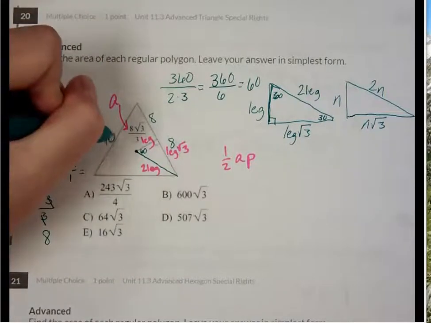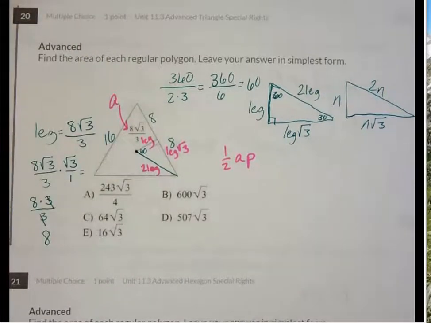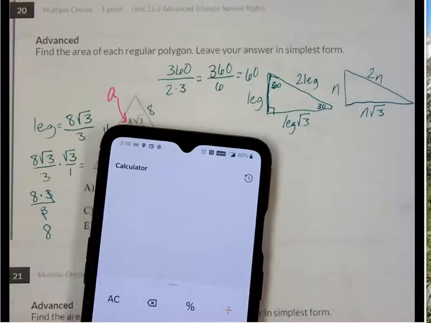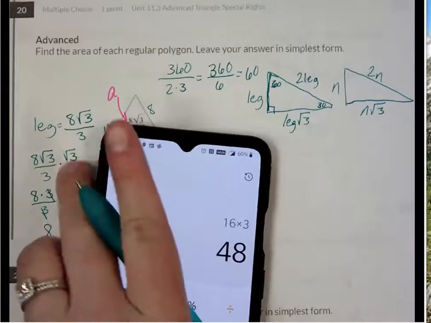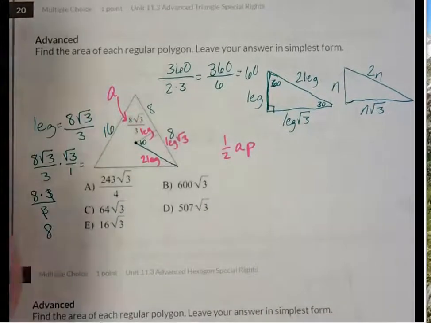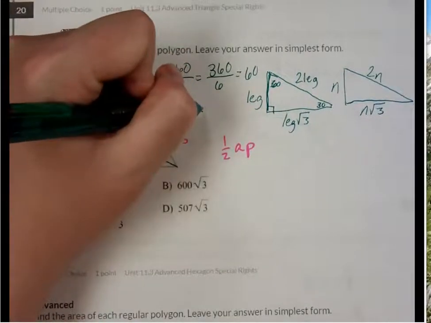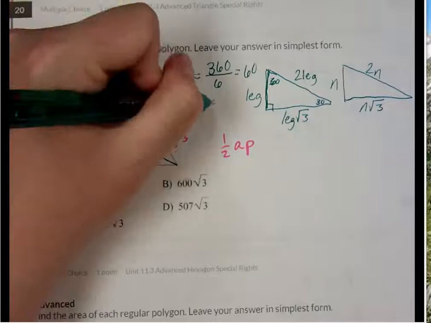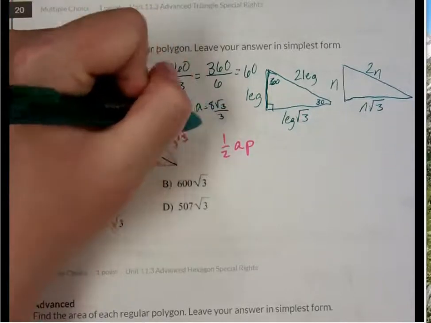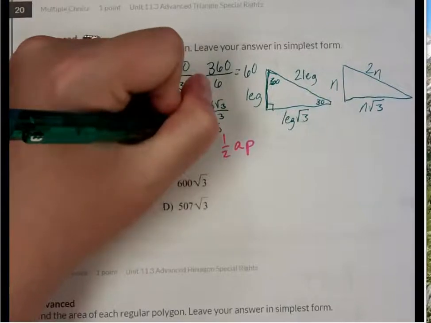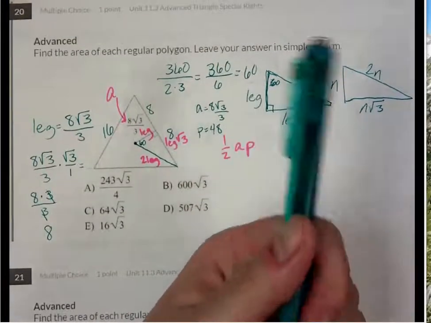So the entire side of one of the triangles is 16 units long. And then 16 times 3 is 48. So that's my perimeter. So my apothem is 8 root 3 over 3. My perimeter is 48. Now we have everything we need to plug into our formula.